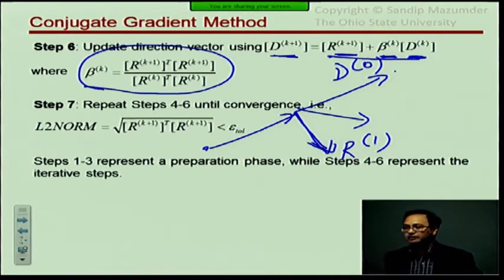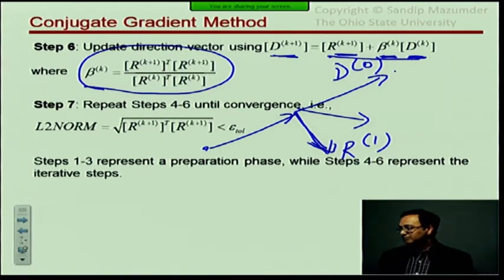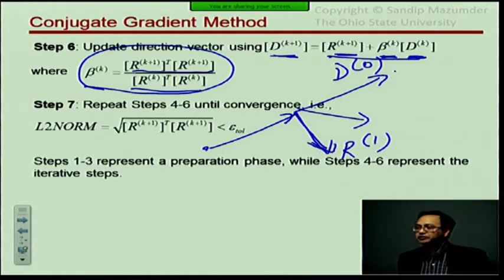Okay, so beta simply uses, you can see this is basically the L2 norm square at iteration 1 divided by L2 norm square at iteration 0. Because you're going k and k plus 1, 2 successive iterations. Okay, so that's your beta, and then you execute the algorithm.